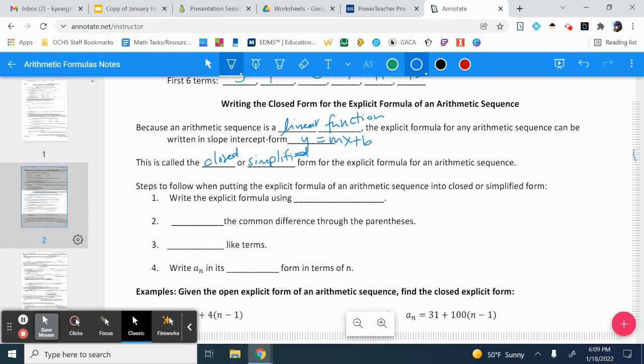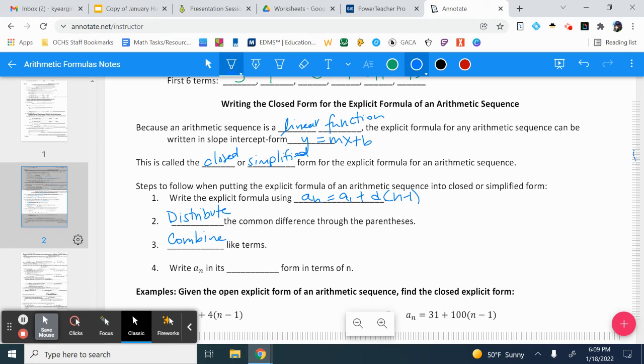Here's some easy steps. Write the explicit formula to begin with in open form using a sub n equals a1 plus the common difference times n minus 1. You want to then distribute the common difference throughout the parentheses. Then we want to combine like terms, our constants.